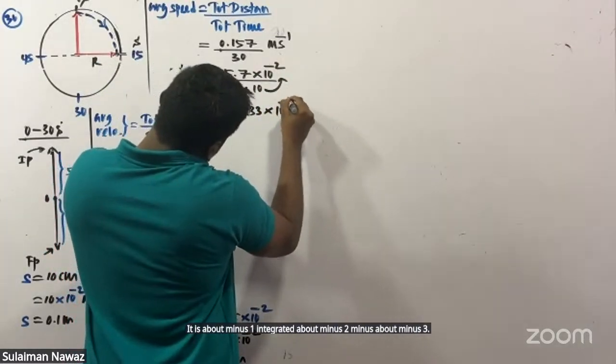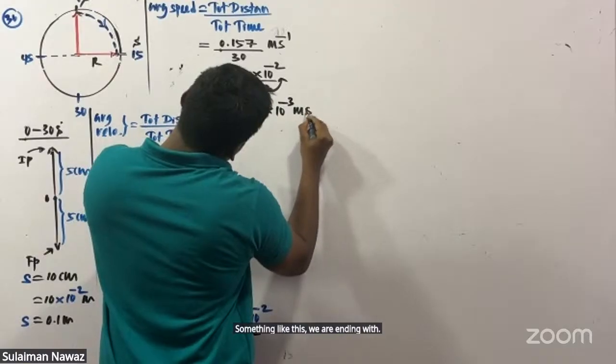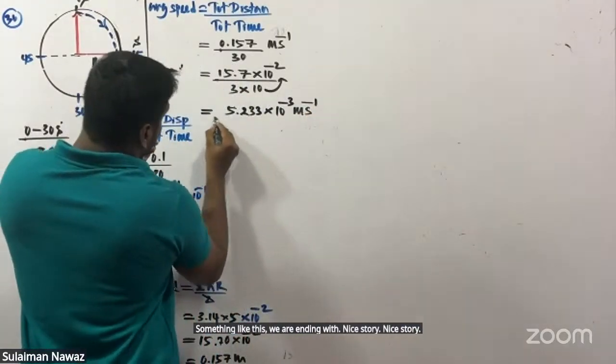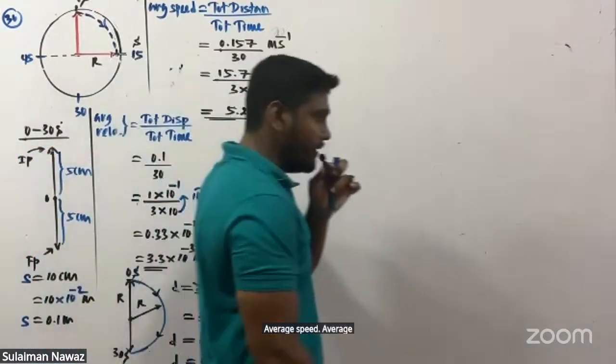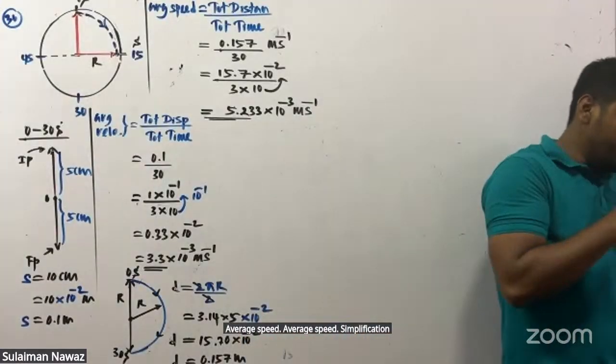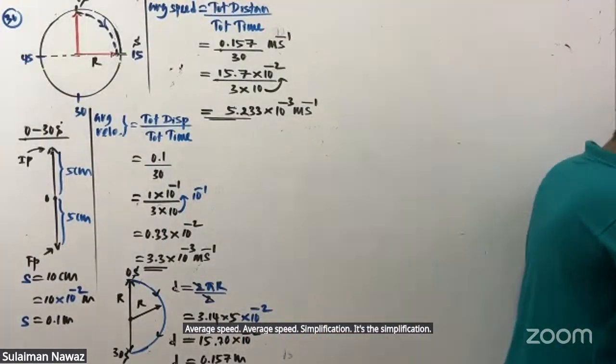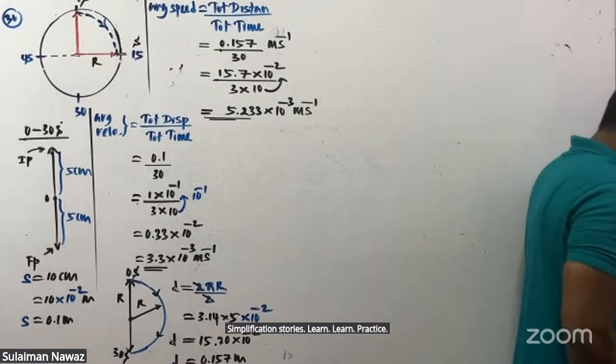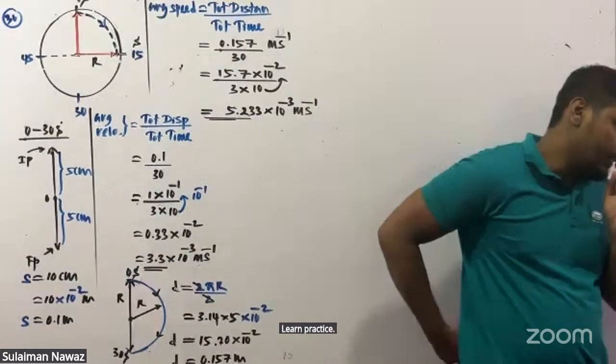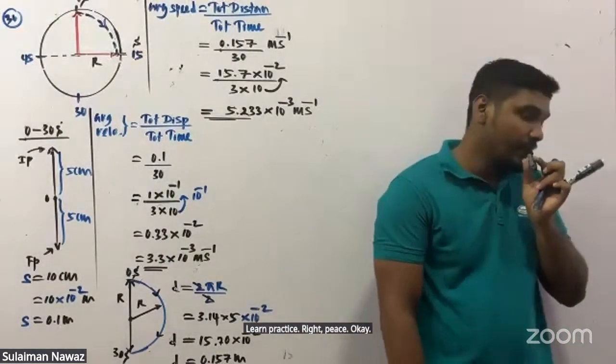That is the average speed. This is the simplification. Learn, practice.